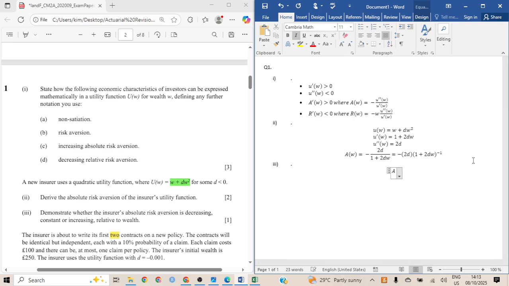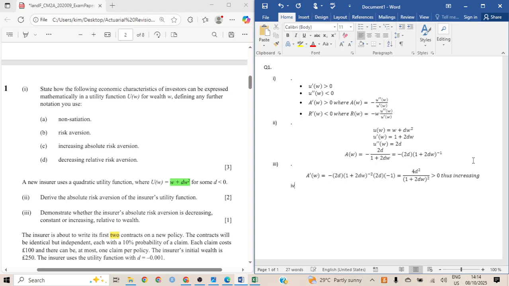So the derivative to find if it is increasing, constant, or decreasing will be minus 2D times 1 plus 2DW raised to minus 2, times the derivative, which is 2D, and since it was raised to minus 1, we'll also have minus 1, making this 4D squared divided by 1 plus 2DW squared. And of course this is positive, greater than 0, thus increasing.